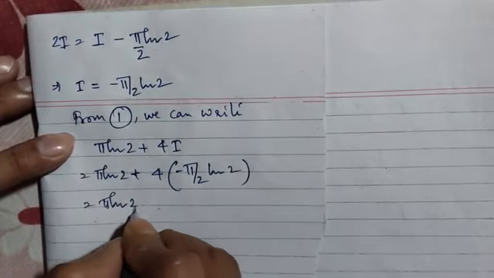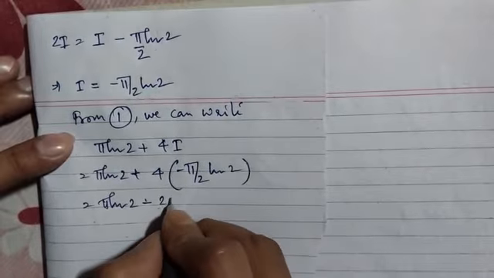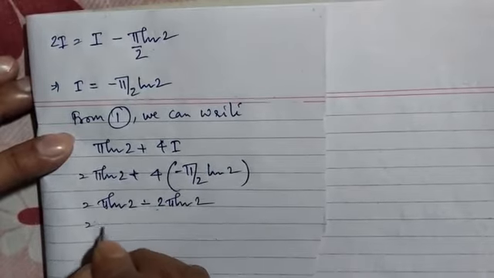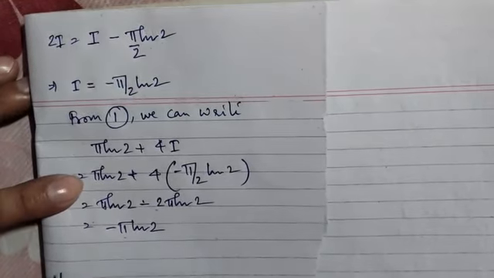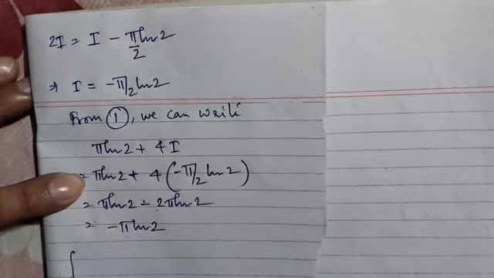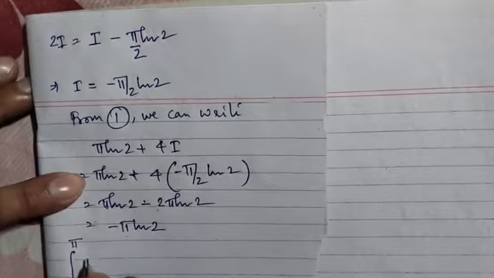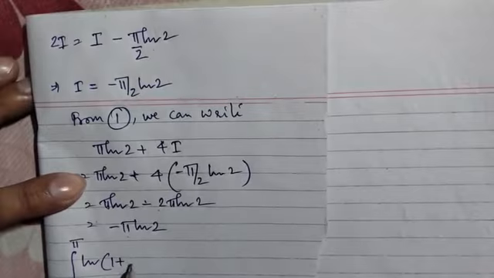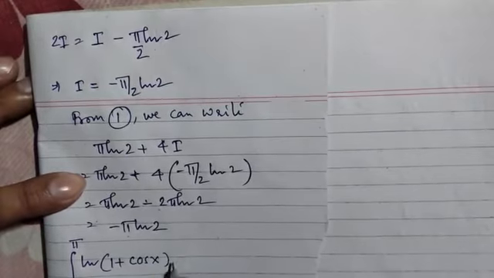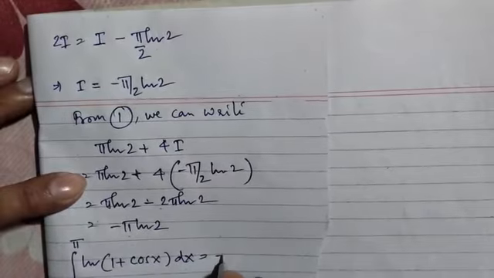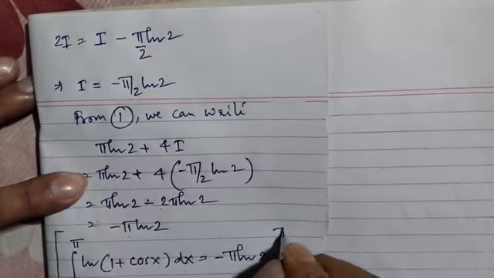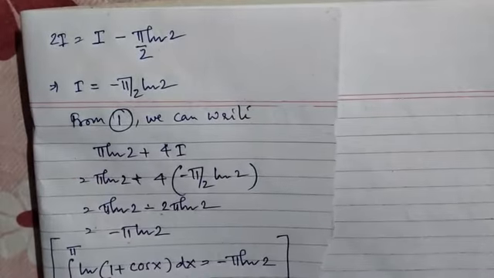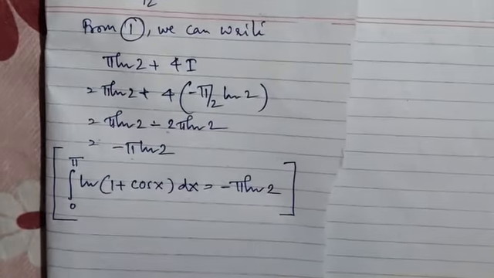So pi ln 2 minus 2 pi ln 2 becomes minus pi ln 2. So the answer for this problem is, the integration from 0 to pi of ln of 1 plus cos x dx equals minus pi ln 2. This is how we derived the answer.